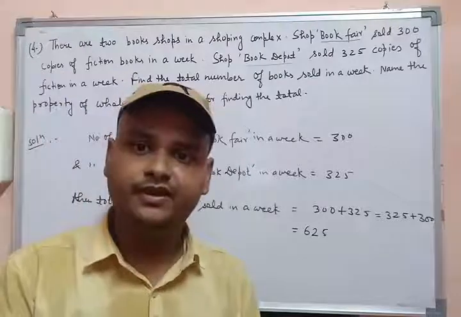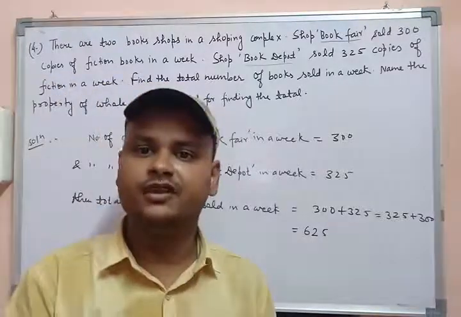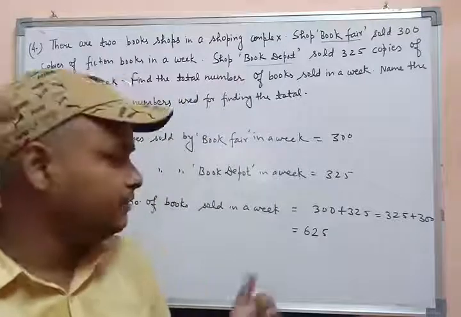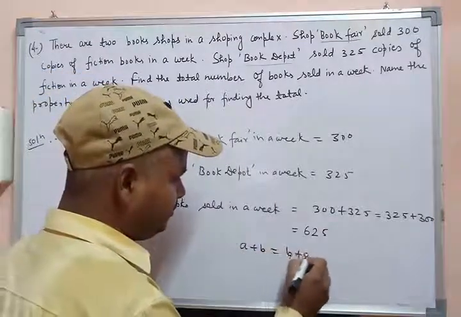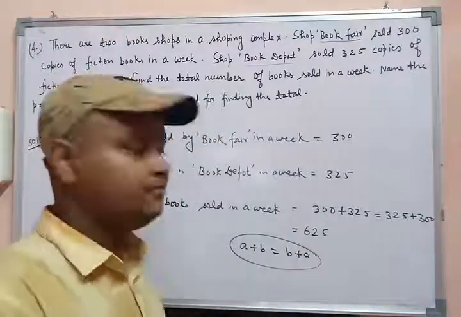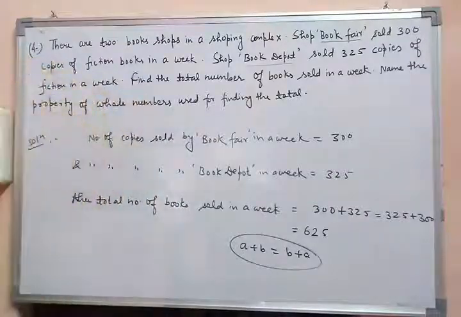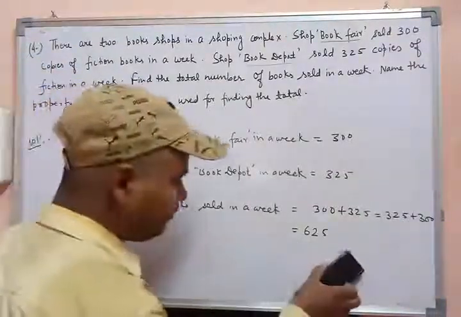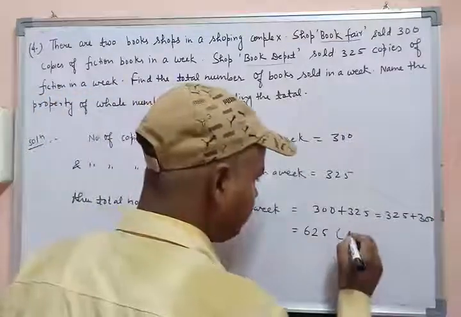If A and B are two whole numbers, then A plus B is equal to B plus A. This property is called the commutative property of addition of a whole number. So this is the answer.